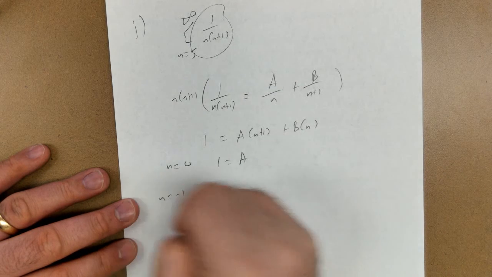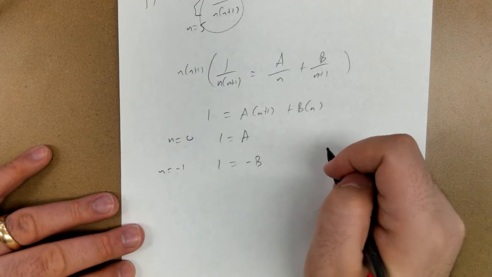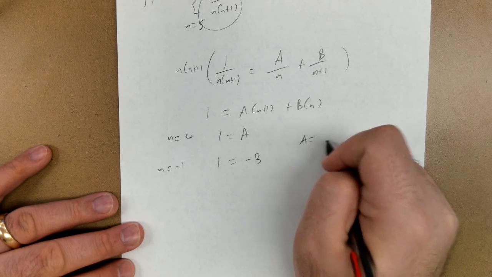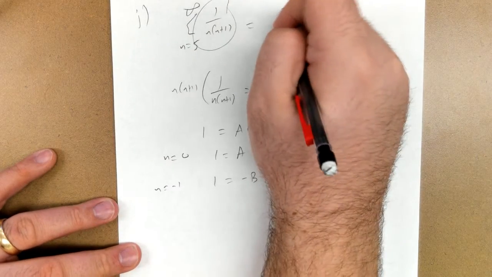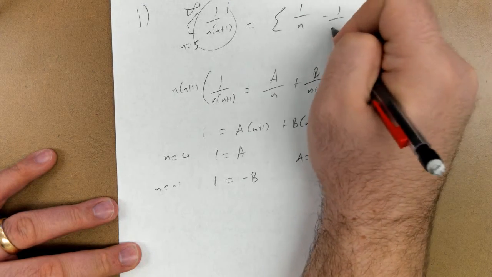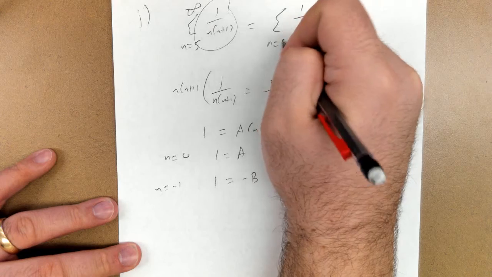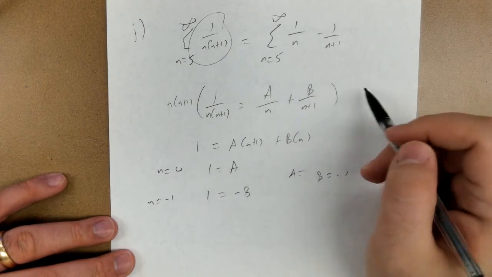If you make n minus 1, 1 is negative b. So a is 1, b is minus 1, and so that means this expression at the beginning is really the same as 1 over n minus 1 over n plus 1.